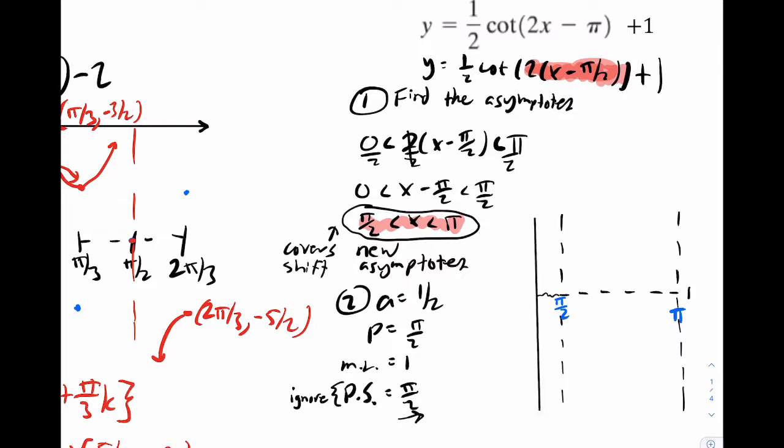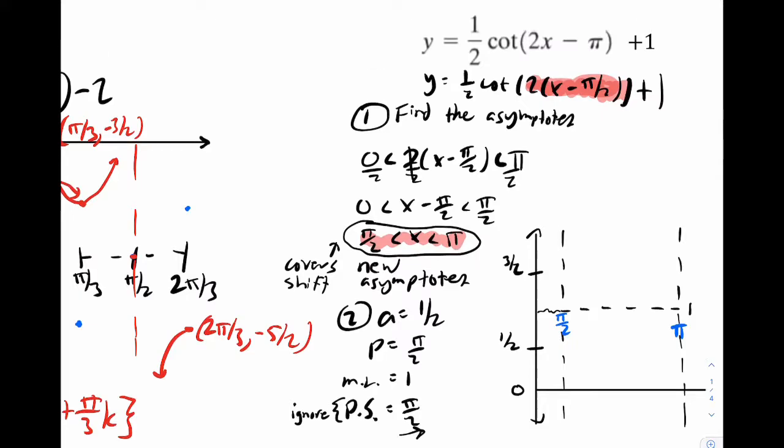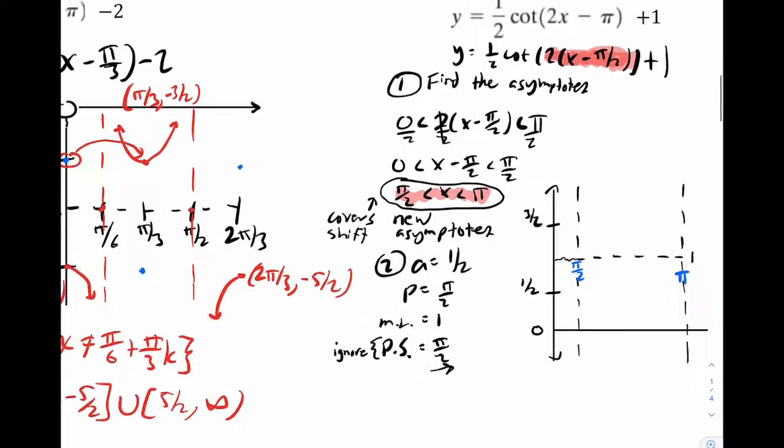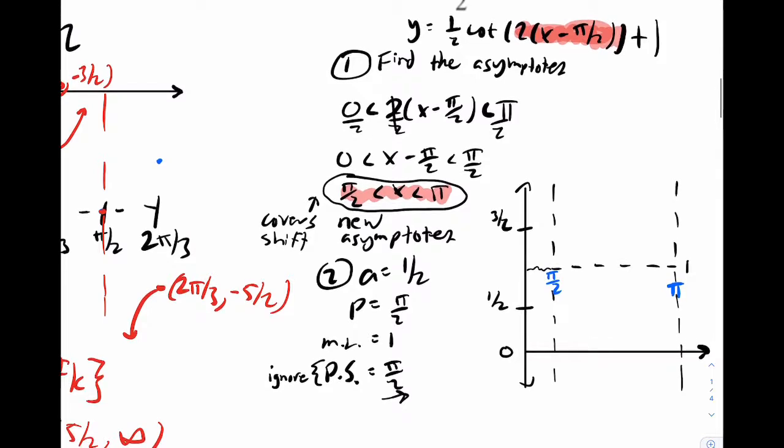We'll just approximate right about there. And our a value is half. So if I go up a half, this should be 3 over 2. If I go down a half, this should be 1/2, which means we can put 0 right over here. And now look at that, our graph is starting to come together. Sorry, I gotta move this over a little bit. Okay, that's better. Our graph is coming together now.